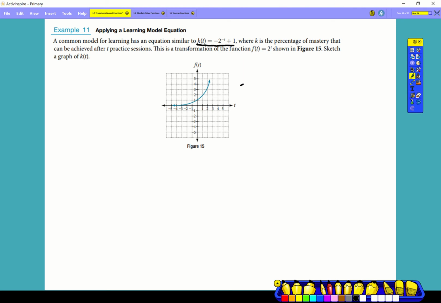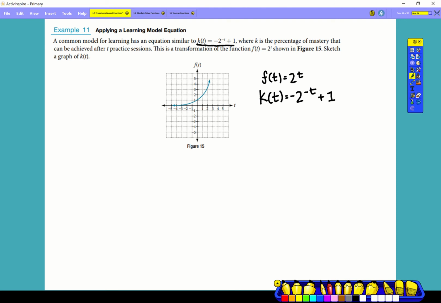Okay, so what we have is, now I'm going to apply a function. So I've got the original, and then I have my one with transformations applied.